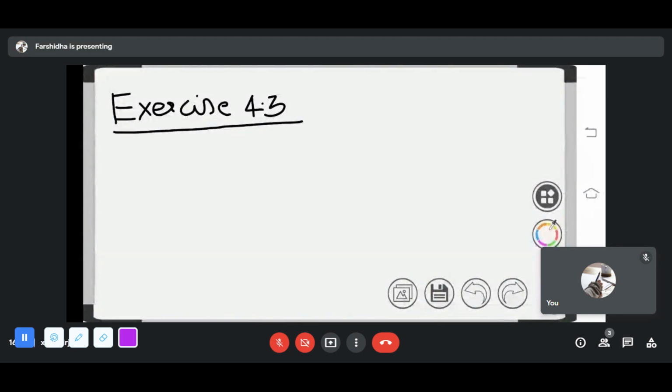So the first question is, draw the graph of each of the following linear equations in two variables. The first sub question is x plus y is equal to 4. You need to draw a graph. First of all, you'll take values for x and y.